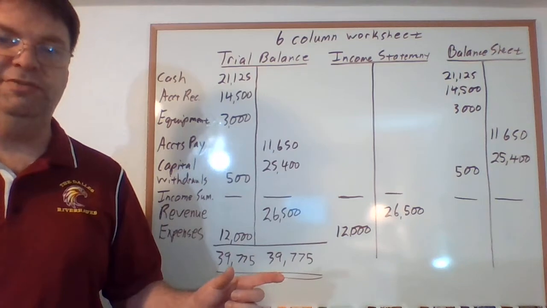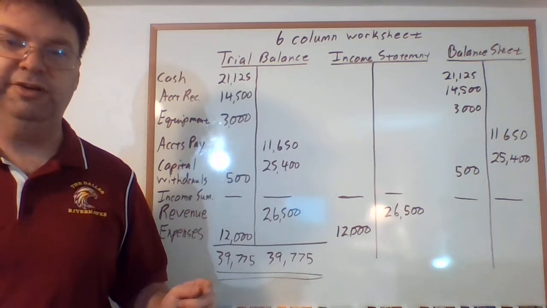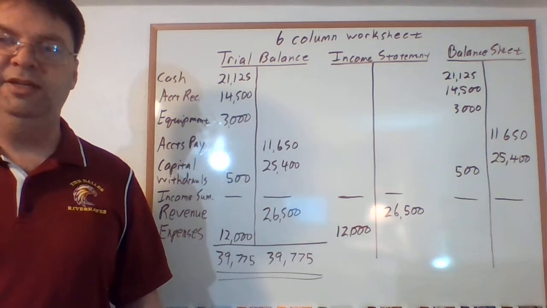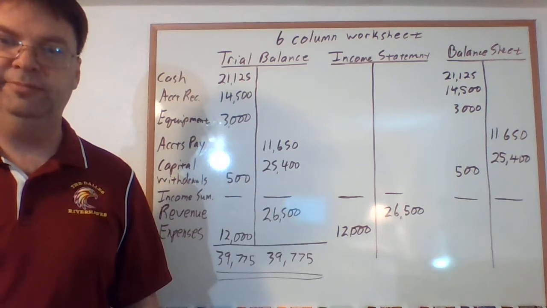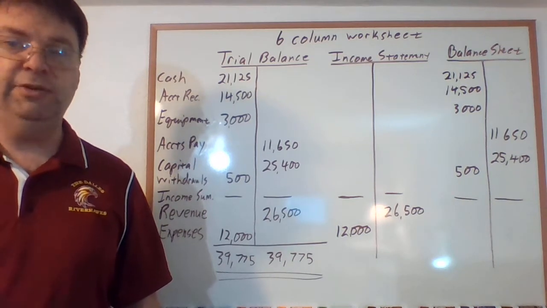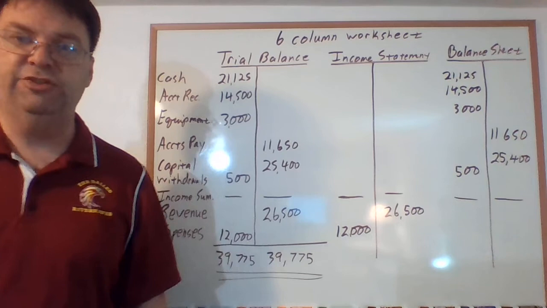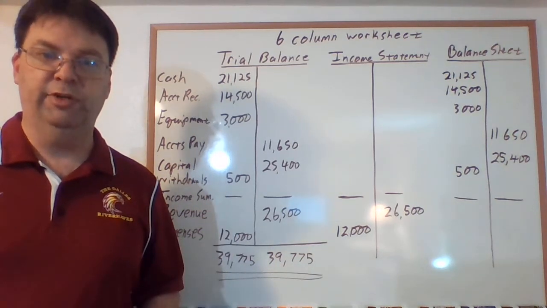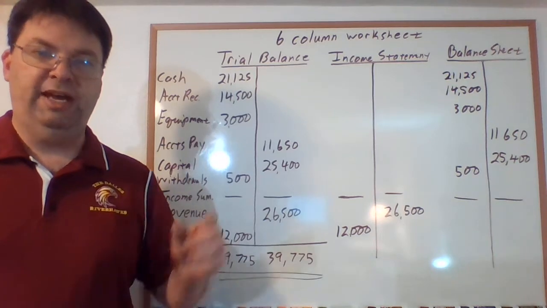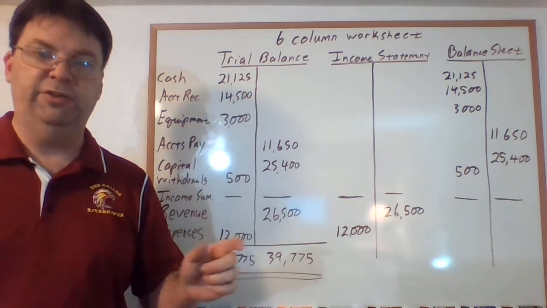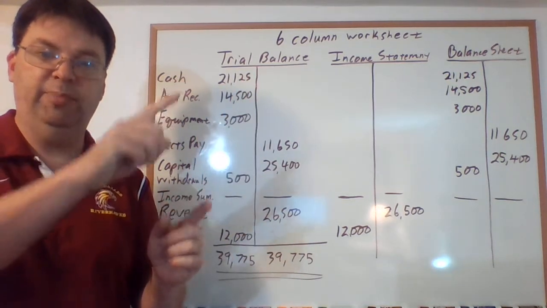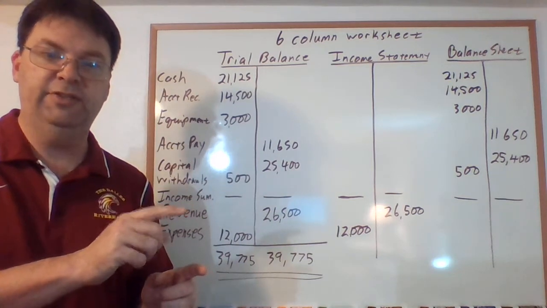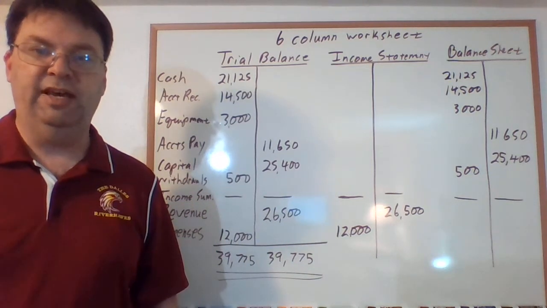You've got your total number, they're correct, and you prove it, you put 2 lines underneath. This is the same as the trial balance you did in Chapter 7, just here we're putting it into the 6-column worksheet. What you have here is a list of all your numbers. You've got your permanent accounts up top, you've got your temporary accounts down below, and that's how they're listed.